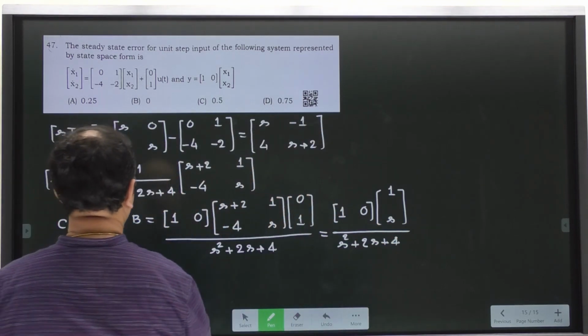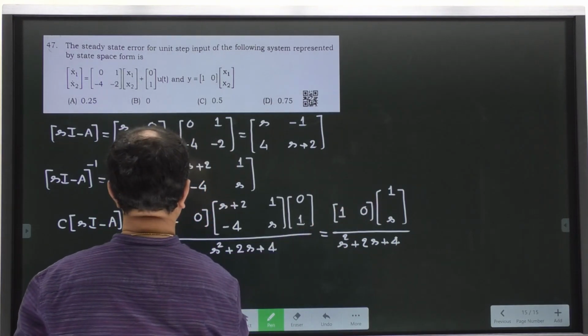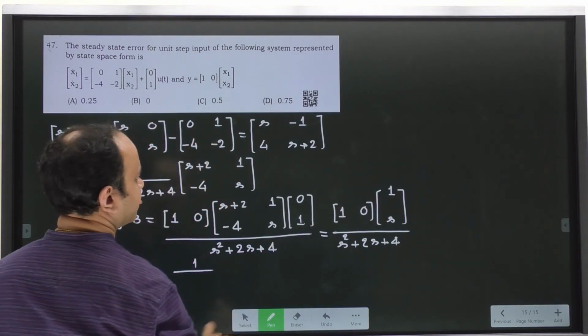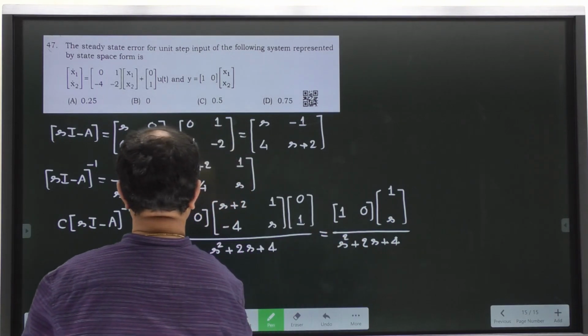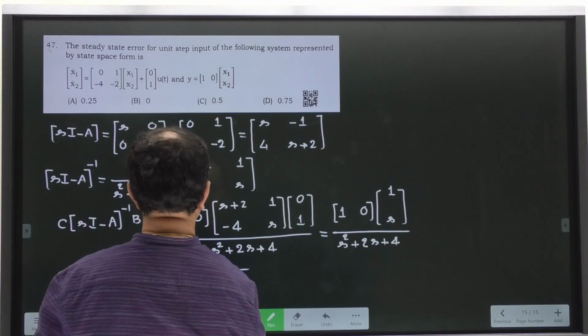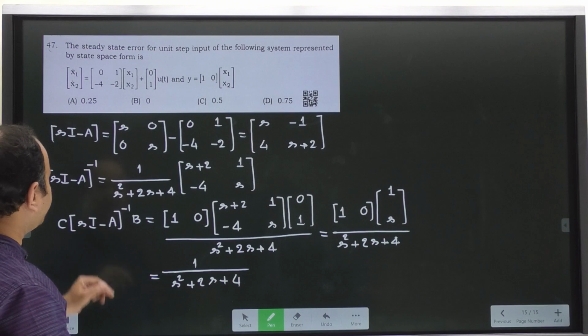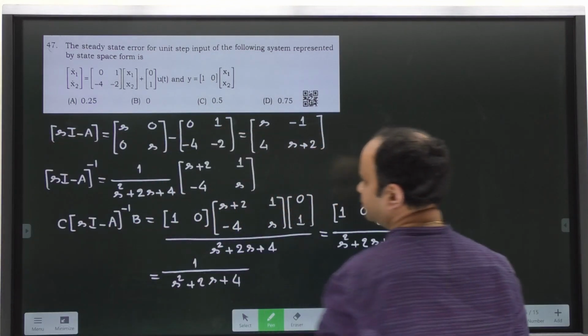Okay. Therefore, it will give you 1 divided by S square plus 2S plus 4, right. So this is C into (SI minus A) inverse into B.